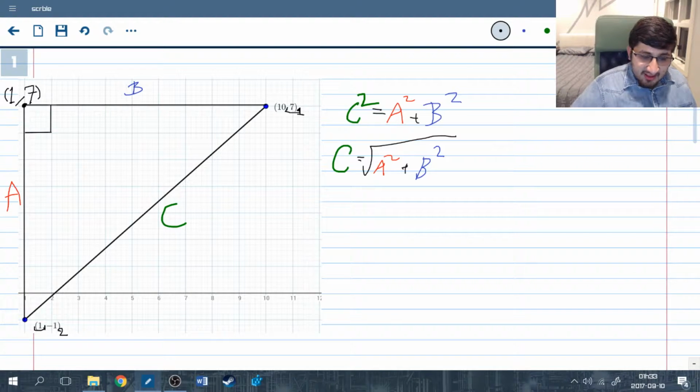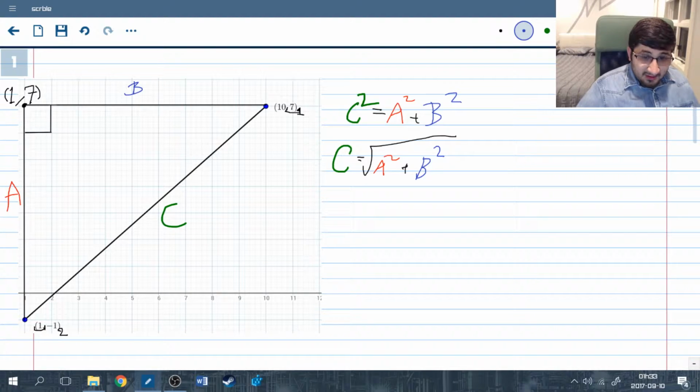C is the length of the line between the 2 points, and it is the distance between them. So all we need to do now is figure out what A and B are in relation to our 2 points. We're going to start with B, though it really doesn't matter.